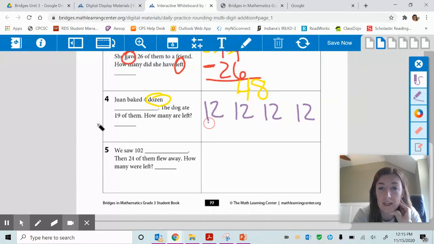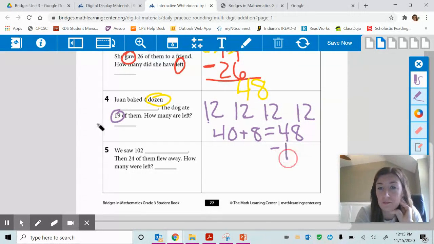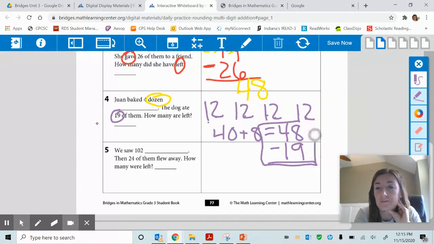That equals 10, 20, 30, 40, 2, 4, 6, 8. That's 48. But then he eats 19 of them. So your second step is to subtract 19. How many are left? Maybe cookies. Go ahead and solve that. I'll let you solve that on your own after I helped a little bit with the 4 dozen. Don't forget, if you're doing the standard algorithm and you see 8 minus 9, you have to remember to regroup.